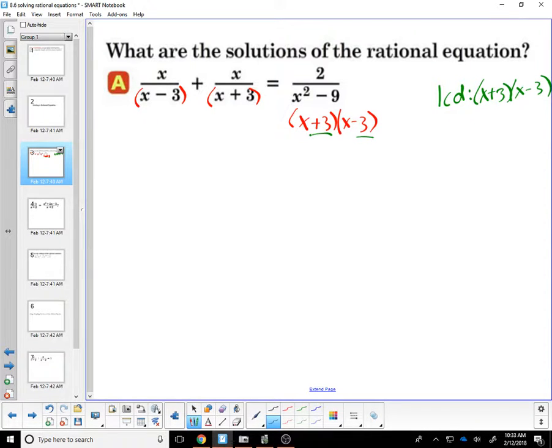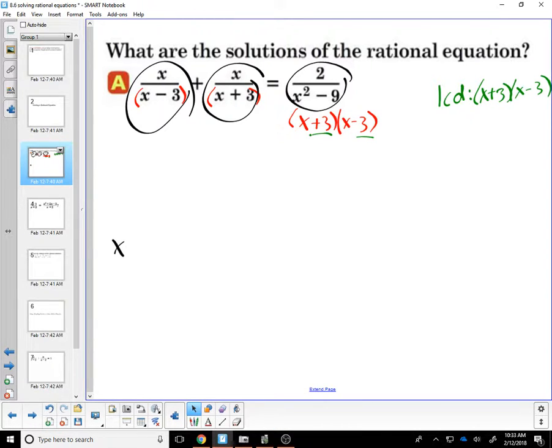I'm going to multiply every one of these terms, this guy, and this guy, by that LCD. Okay? It's going to look like this. X times (x plus 3)(x minus 3), and that is over x minus 3, right?